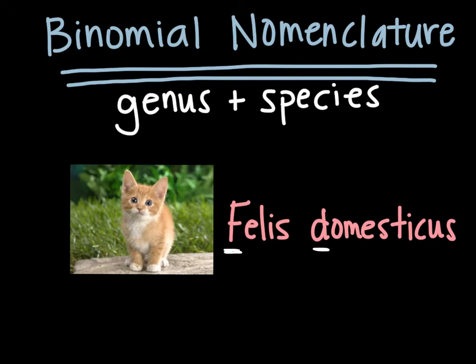That always has to be that way. So the genus is capitalized, the species is lowercase. And these kind of funny looking words actually are Latin. So the binomial nomenclature naming system, the genus and species, all come from Latin derived terms.